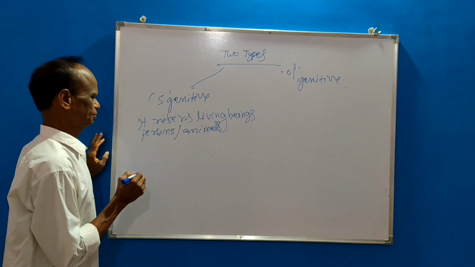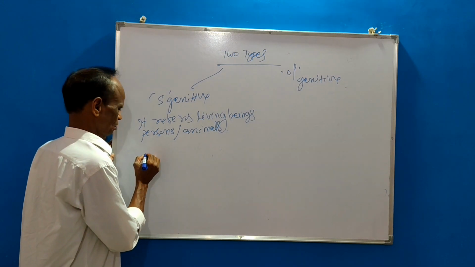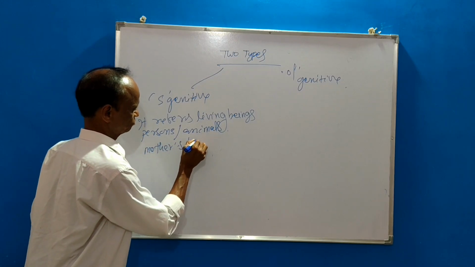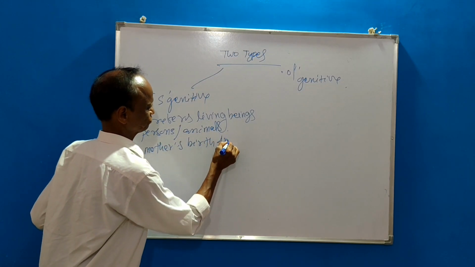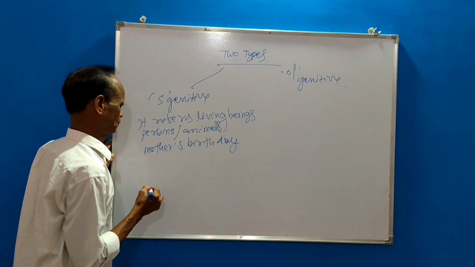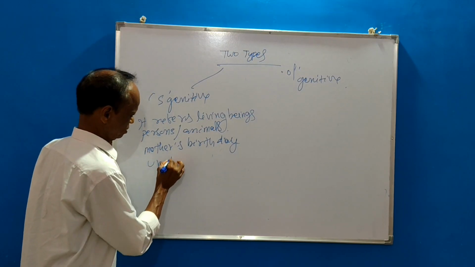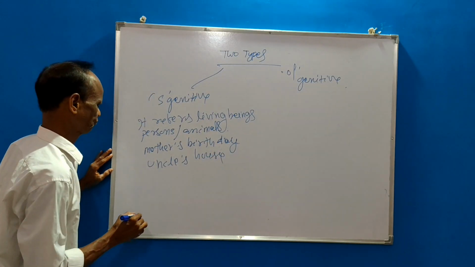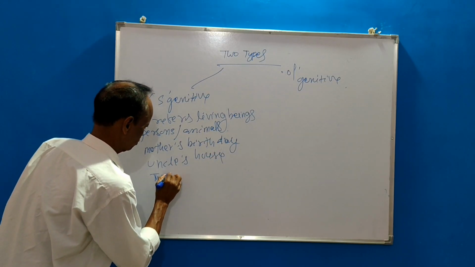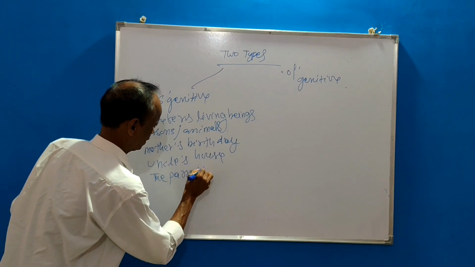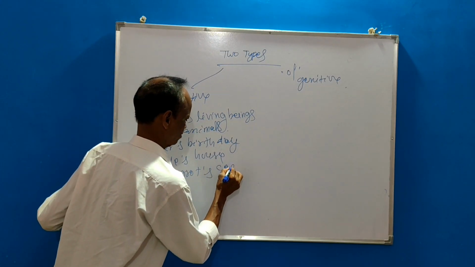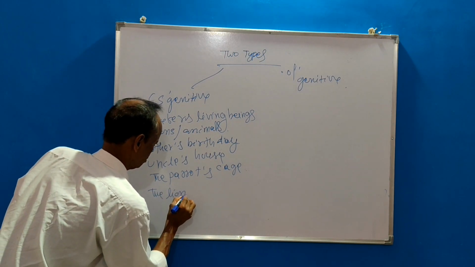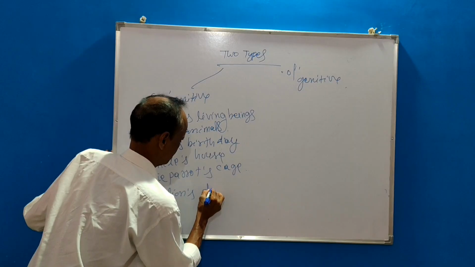For example, mother's birthday, uncle's house, the parrot's cage, lion's den.